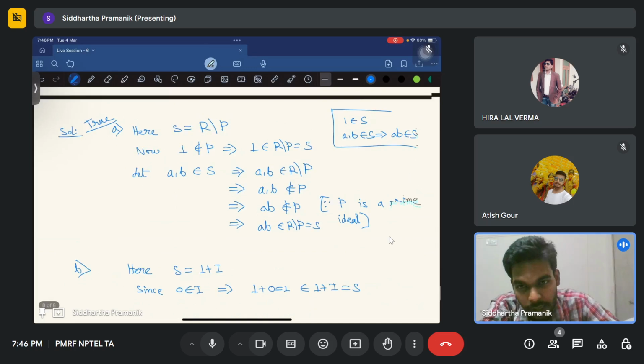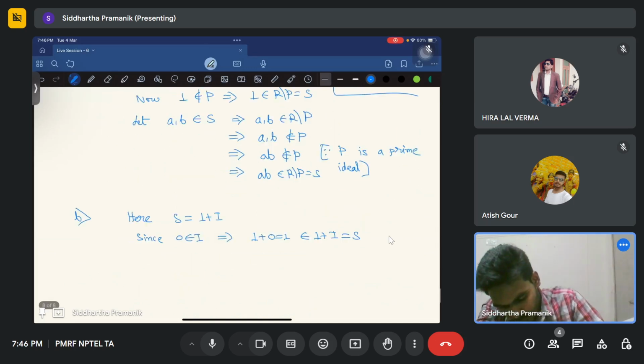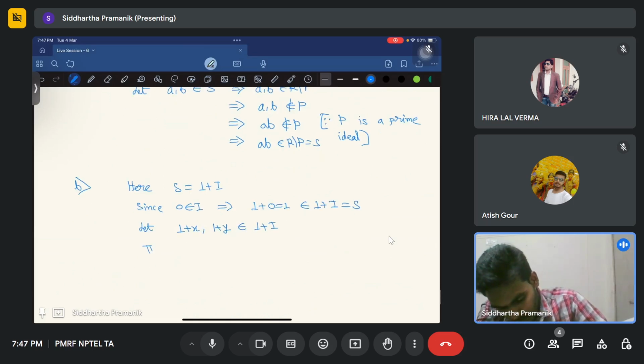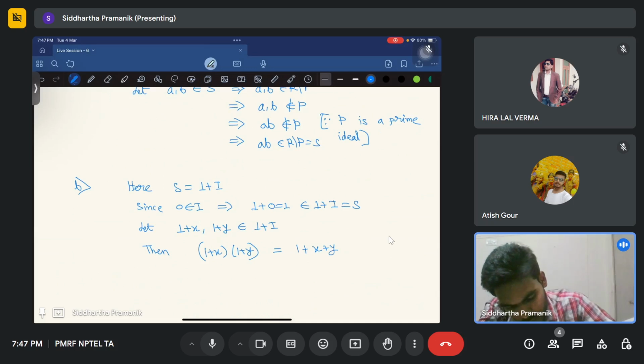Now what about the second condition? So let 1 plus x and 1 plus y belong to 1 plus I. So what about the product? 1 plus x times 1 plus y. So this is 1 plus x plus y plus xy.